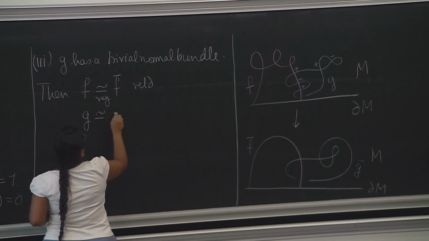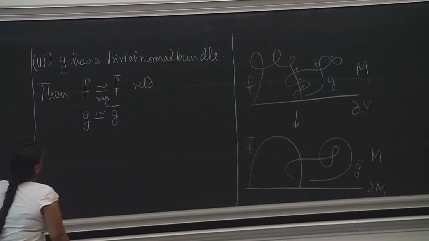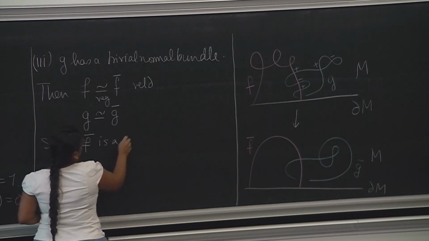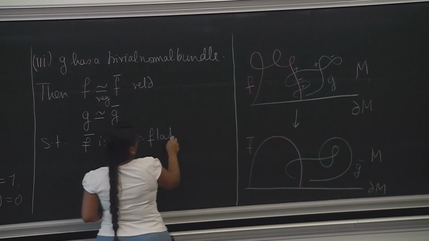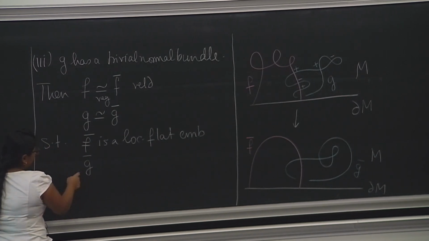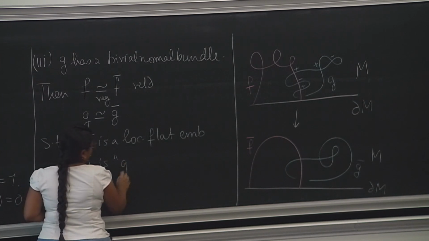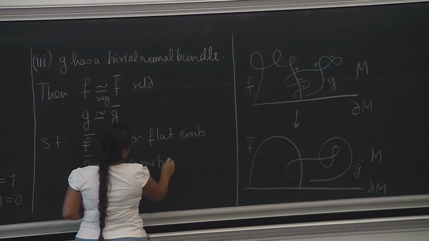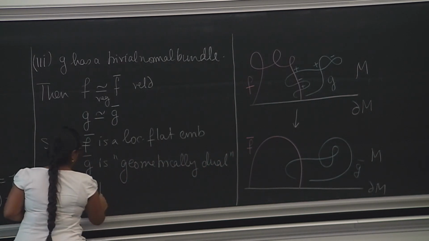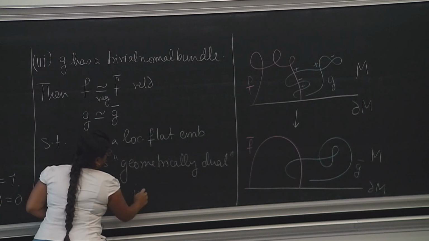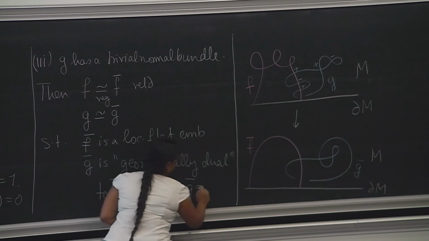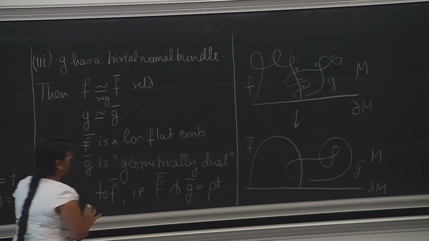G is homotopic to G bar, such that F bar is a locally flat embedding, and G bar is what we say geometrically dual to F bar, meaning by definition that F bar intersect G bar is a single point.